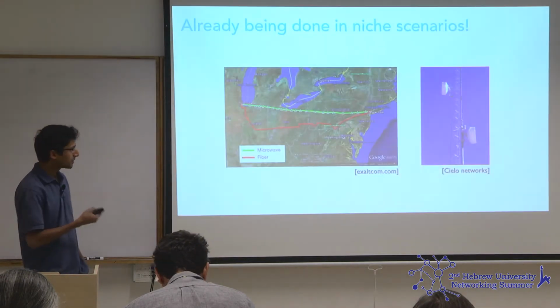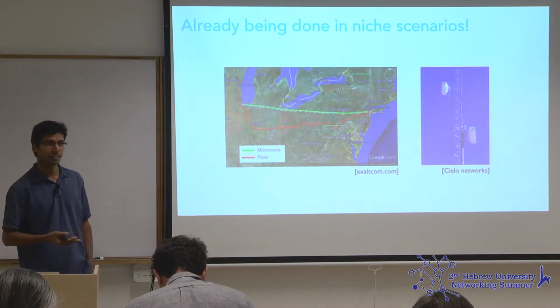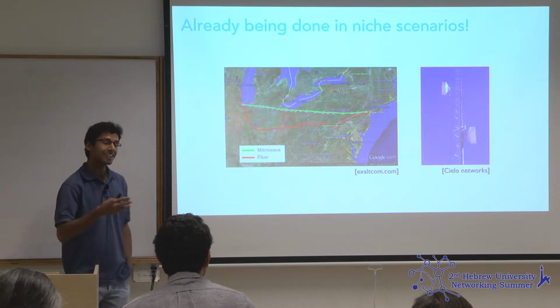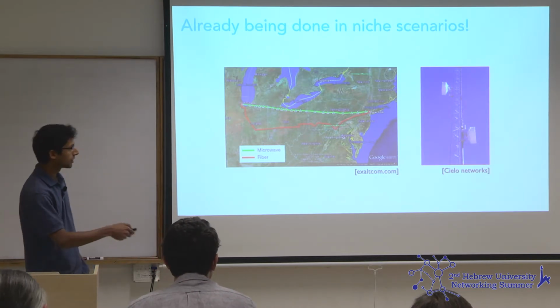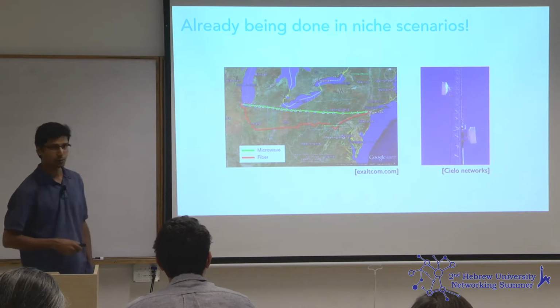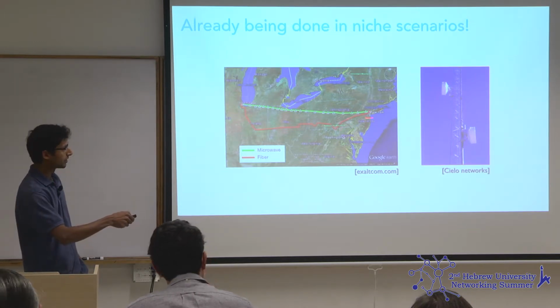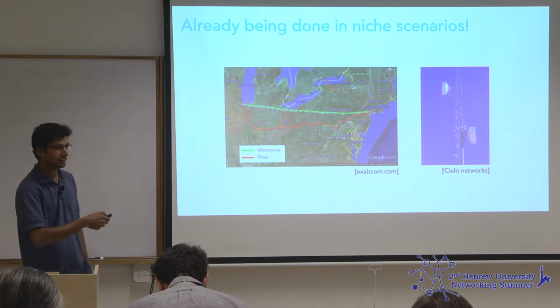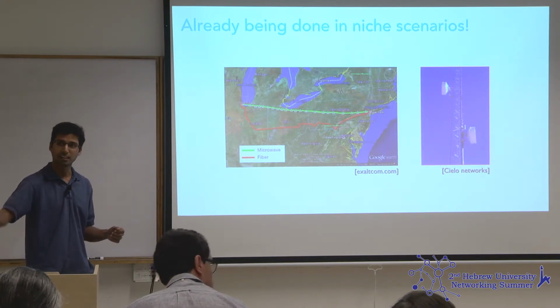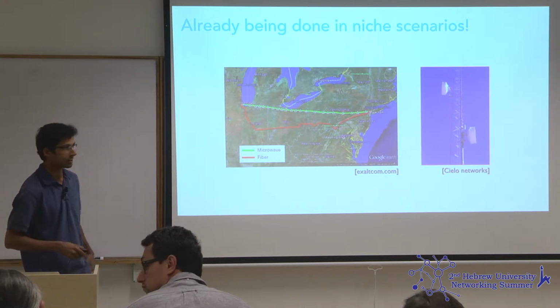Well, in some niche settings, this is already being done, and this is where the HFT folks come in. We can steal their technology, right? So in the Chicago, New York market, for example, there's a stock exchange here and a commodities market here, and the traders have an interest in getting messages as fast as possible to the other end.